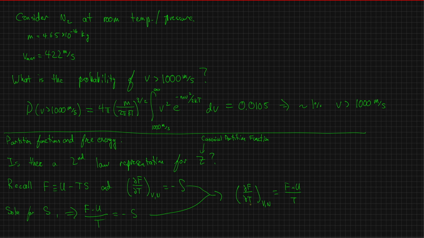So we said that when we take the derivative with respect to the temperature of F, the Helmholtz free energy, we hold V and N constant, that it gives F over T minus U over T, right?